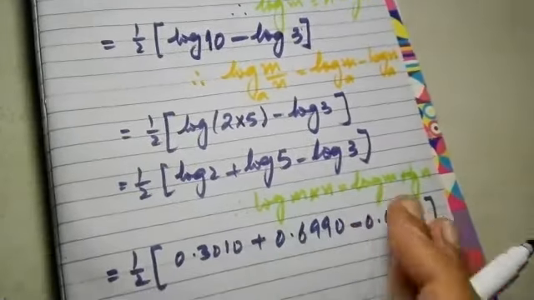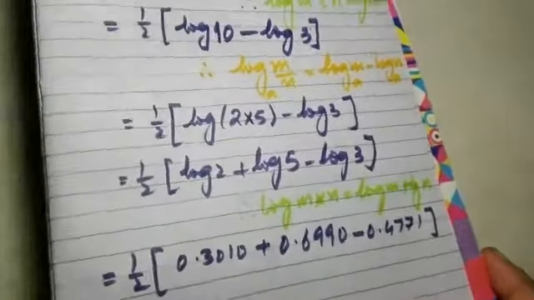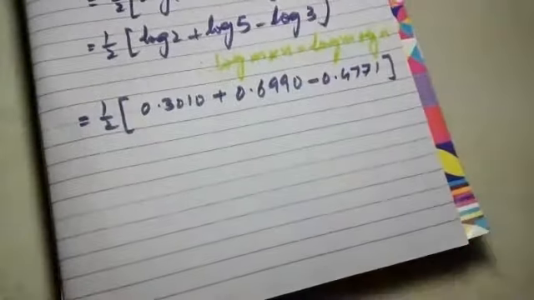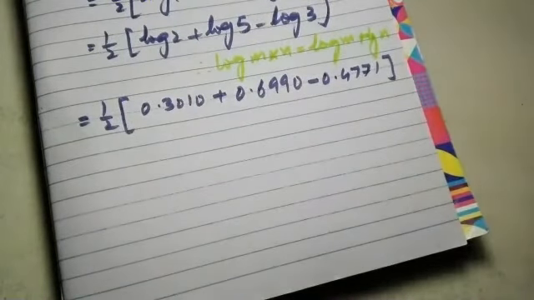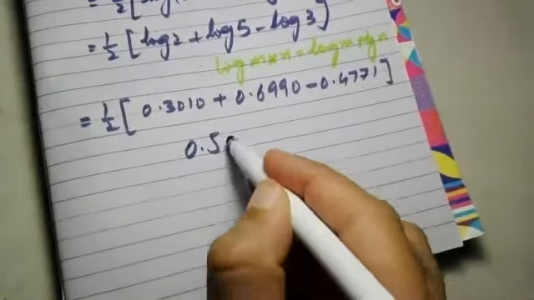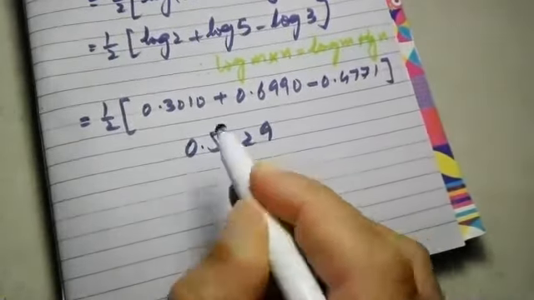So we will simply substitute the given values and sum them together, and it is 0.5229.